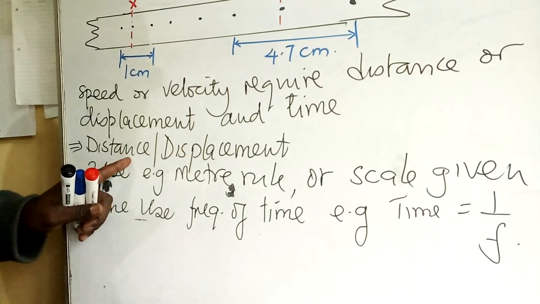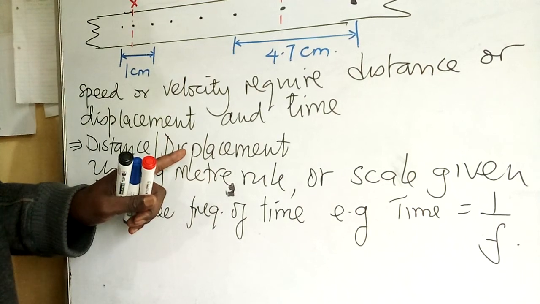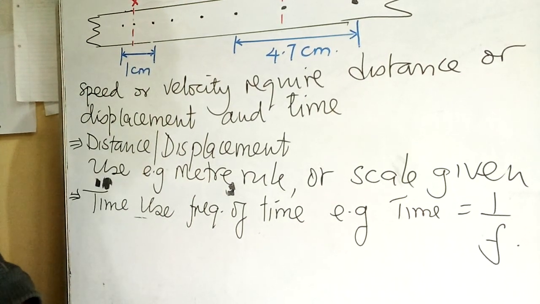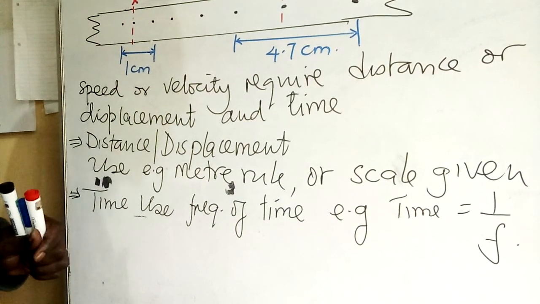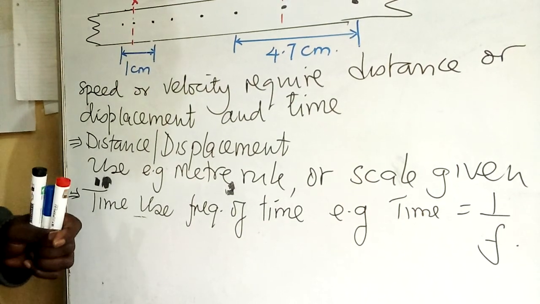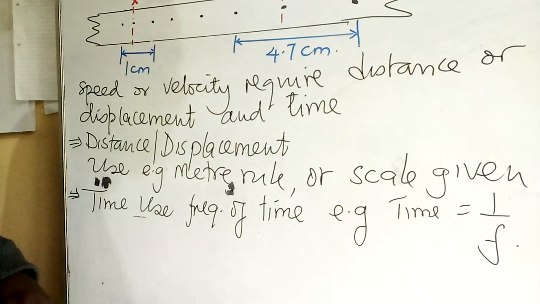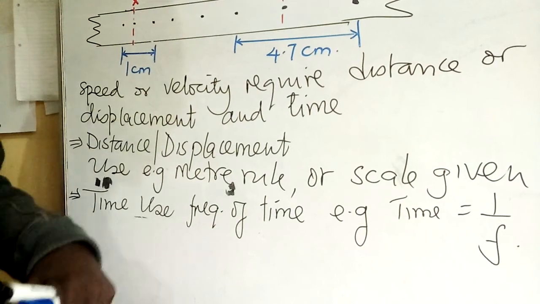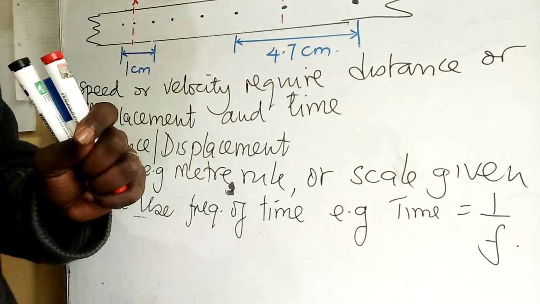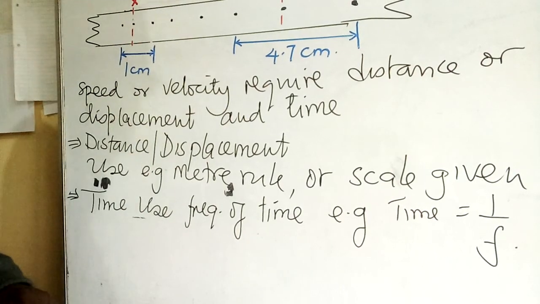So distance is found in displacement, but displacement is not in distance. What do I mean? Distance is length of path taken. So if I can measure from point A to point B, that is distance. The moment I give a direction, it becomes displacement.